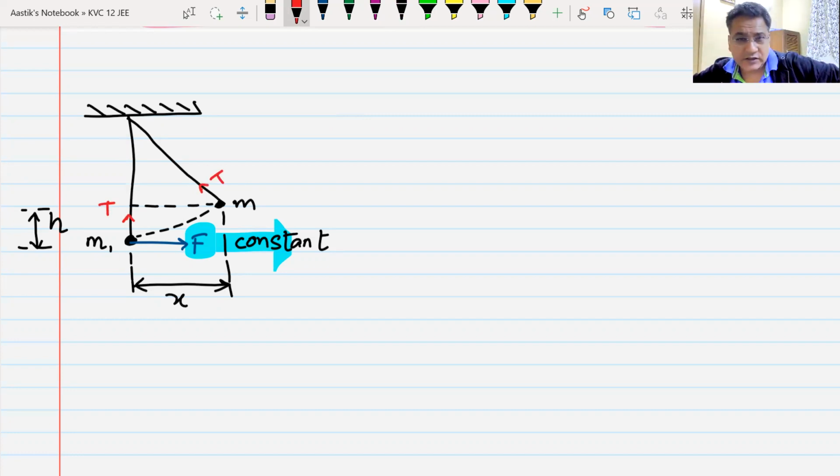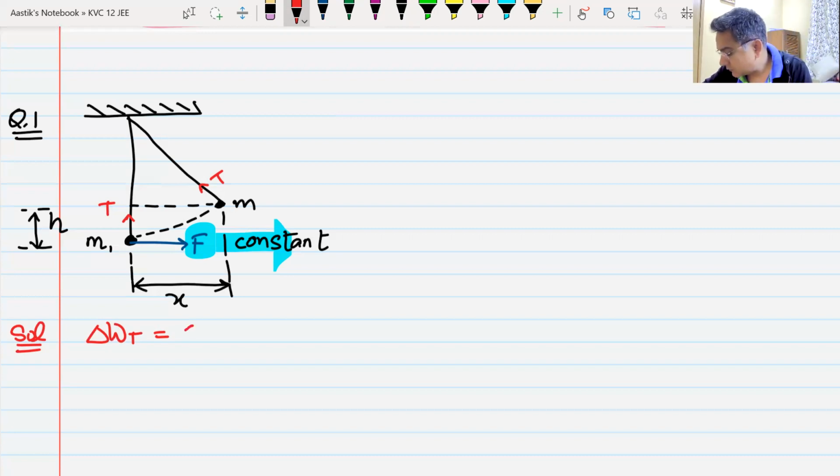What is the work done by tension of this string? And the answer is, no one knows this.